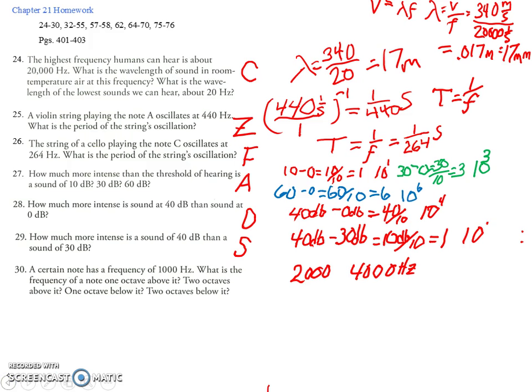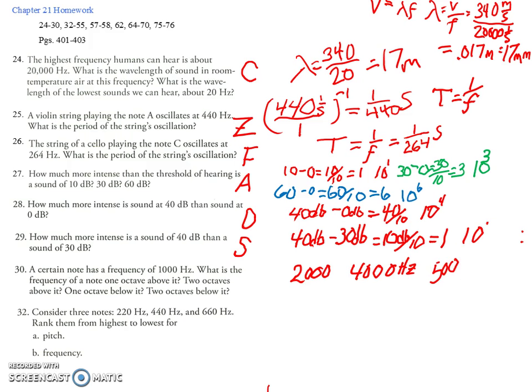And 1 octave below would be a factor of 2 below, or 1,000 divided by 2, or 500 hertz.